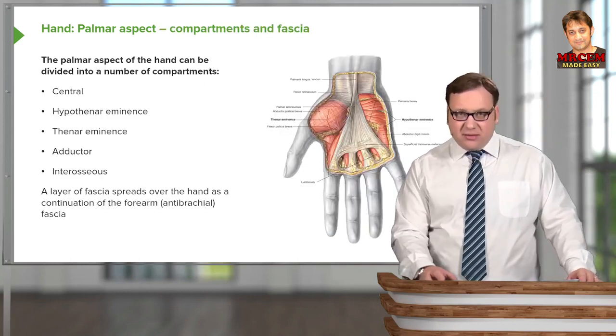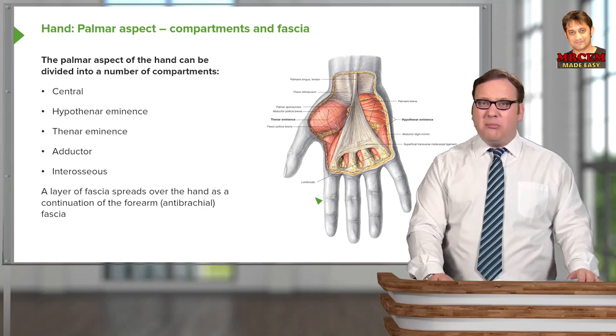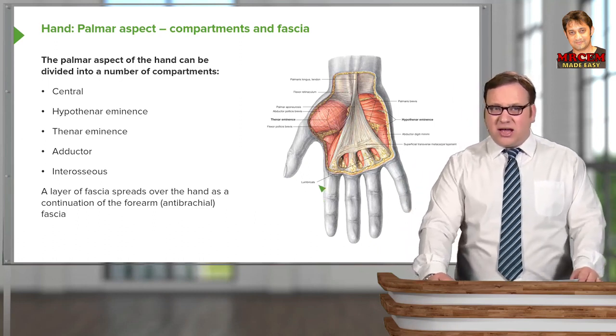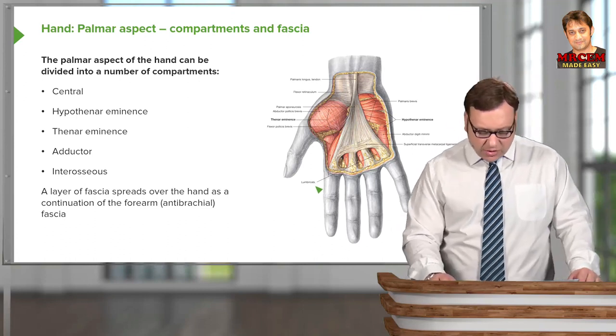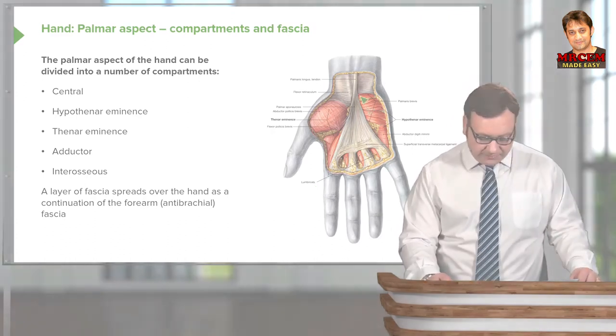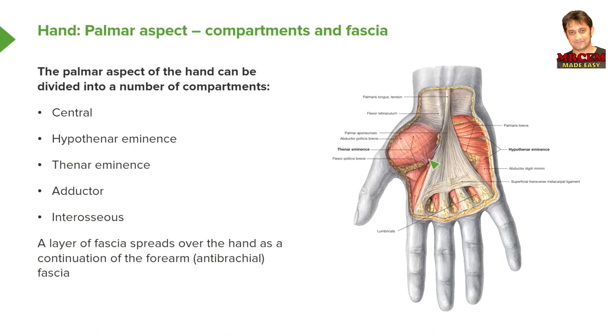We can divide the palmar aspect of the hand into a number of compartments, and we can identify numerous muscles within those compartments. So here again on the slide we have the picture. We have this nice central compartment that contains mostly some deep muscles, but also the palmar aponeurosis.